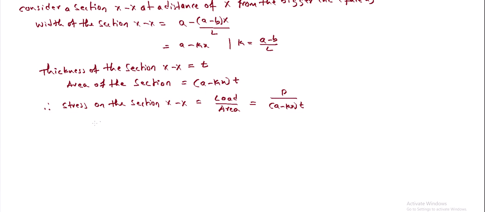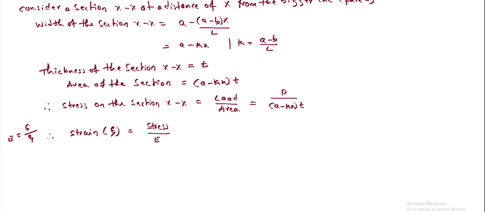So now I will concentrate on the strain part. What can I write for the strain? Strain I can write as stress by Young's modulus, referring to the equation Young's modulus equals stress by strain.